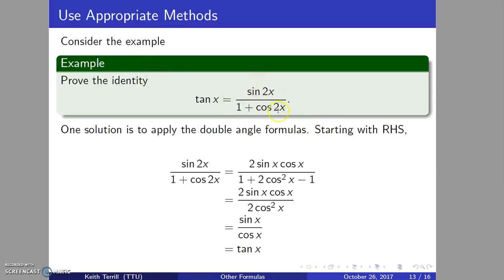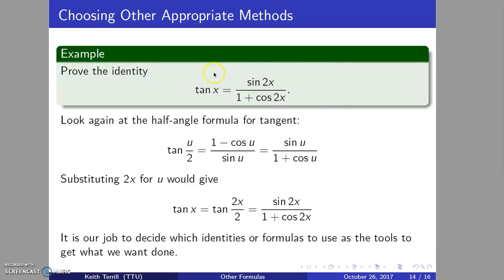Recognizing I've got double angles, use the double angle formulas. But that's not the only way this could have gone down. Same example. You could have recognized, oh, look at the half angle formula for tangent. Tangent of half of something is equal to 1 minus cosine of the original something over sine of the original something, or alternatively, sine of that something over 1 plus cosine of that something.